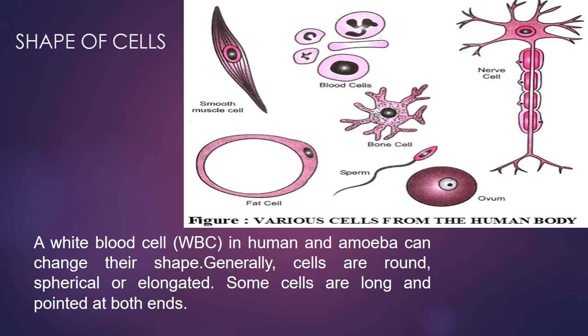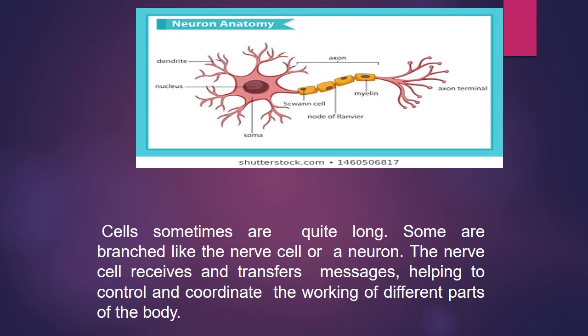And there are some cells which have a long, tree-like structure, and these cells are the nerve cells. Here you can see the structure of a nerve cell, and in this nerve cell we can see the dendrites, the nucleus, and the central long cylindrical part is called axon, and finally it ends into the nerve endings.